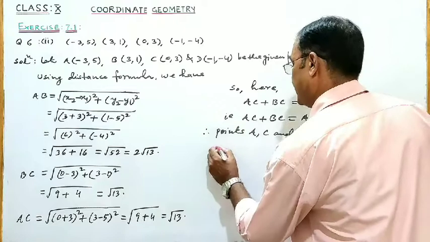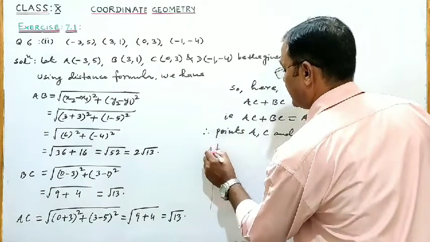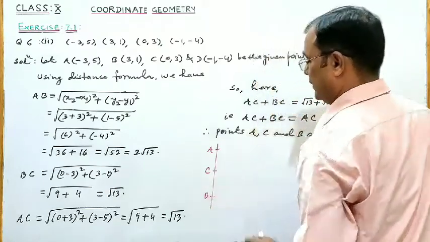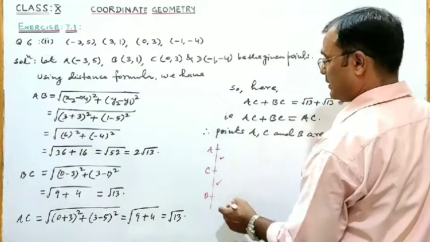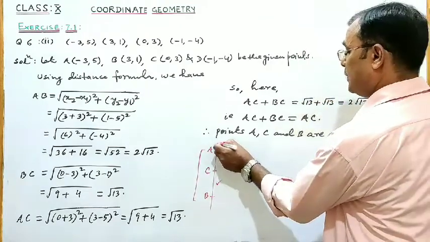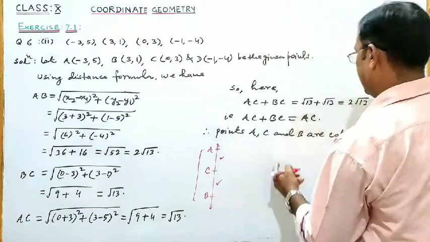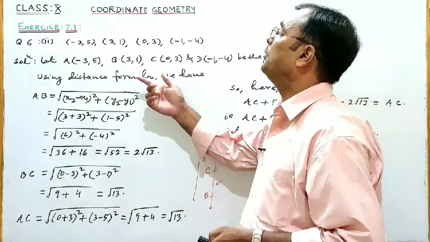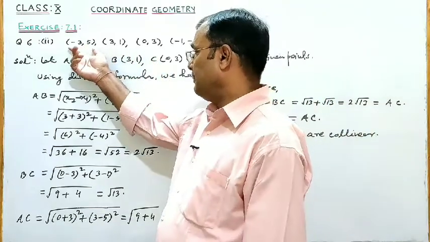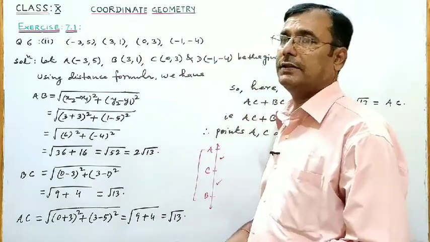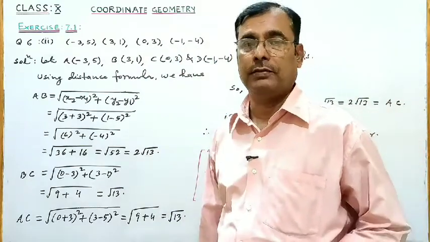This may be the situation. This point is A, this point is C and let this point be B. So this AC plus BC is equal to AB. In this situation we can say that points A, C and B are collinear, and therefore 4 given points -3, 5, 3, 1, 0, 3, -1, -4 do not form a quadrilateral.